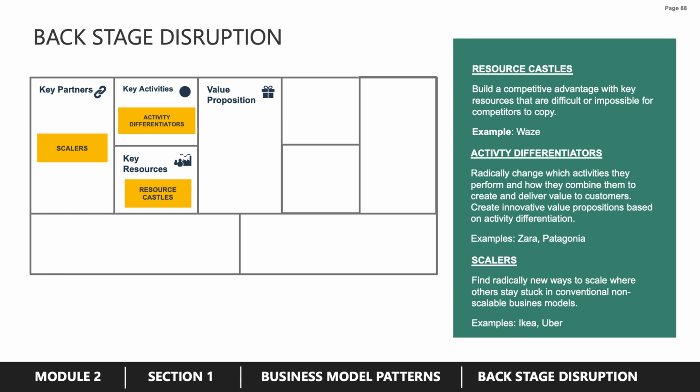Activity differentiators radically change the activities and deliver a better performance than competitors. We're going to have a look at Zara as an example. And then scalers find new ways to scale the business where other companies can't. We're going to take a look at IKEA and how it managed to do that.